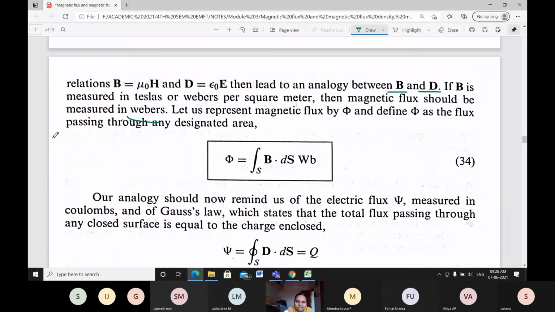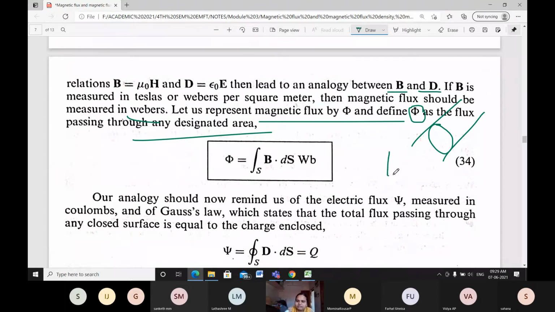Let us represent magnetic flux by phi. Here we take phi and define it as the flux passing through any designated area. Our flux is passing through some area, whether it is this area, or I take a cable in any magnetic field.